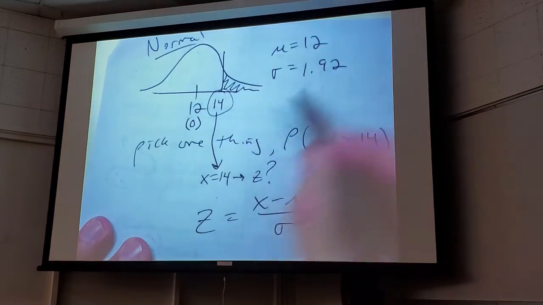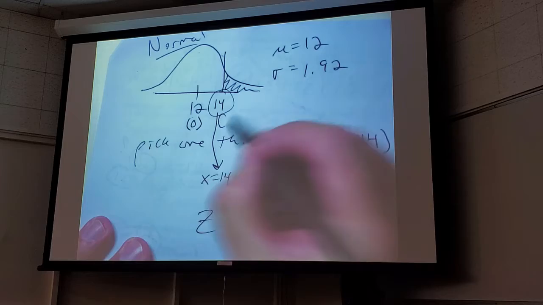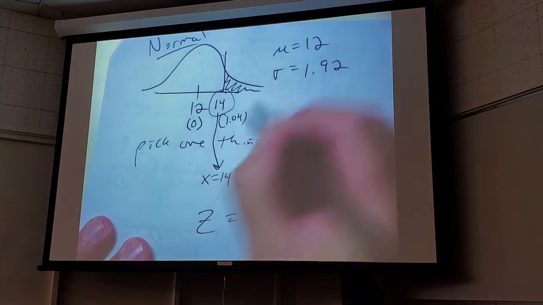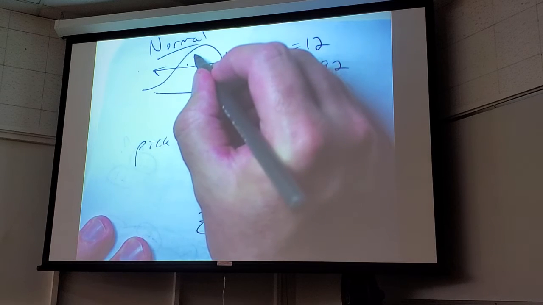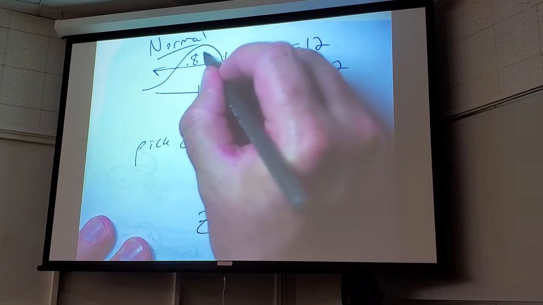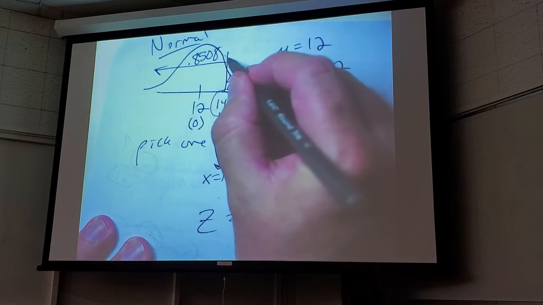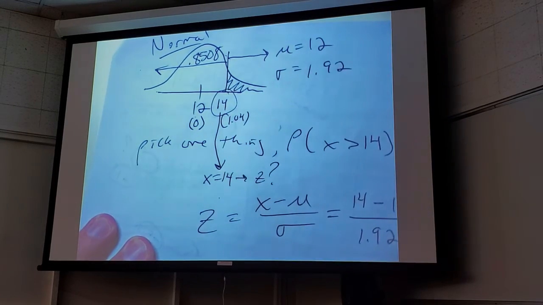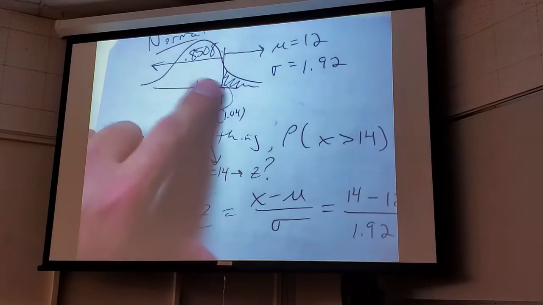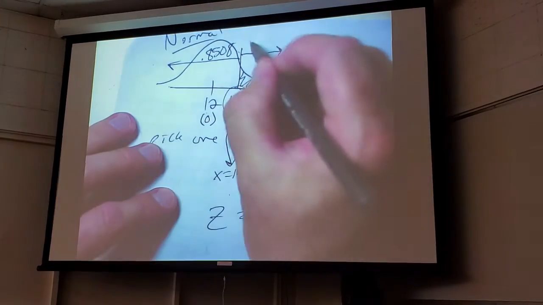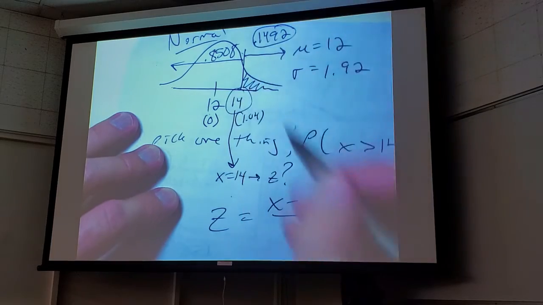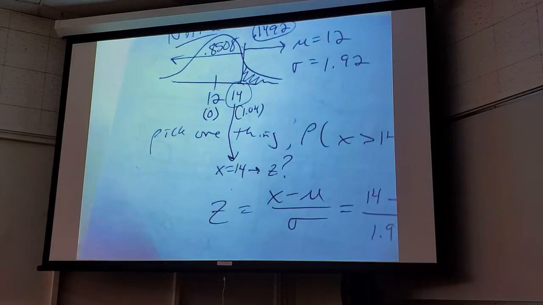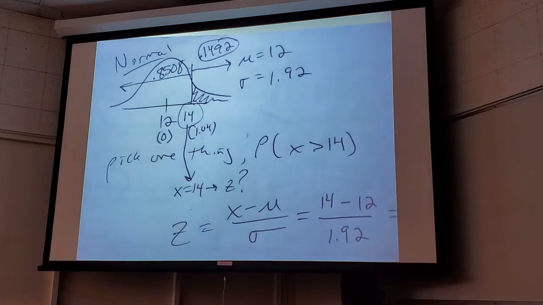Whenever I look up a z-score, so my z-score is 1.04, it's the area that's below what I just looked at. So what's the answer going to be? 1 minus that. 0.1492.